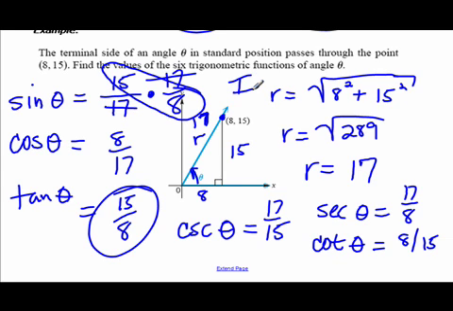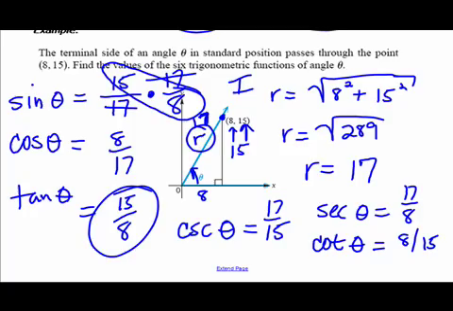And as you can see, all 6 trig functions with this problem all ended up being positive amounts. Why is that? Well, in quadrant 1, r is always positive. And in quadrant 1, your x-coordinate is positive, your y-coordinate is positive. So when you form all 6 of these, you're constantly taking positives divided by positives, which gives you positives.